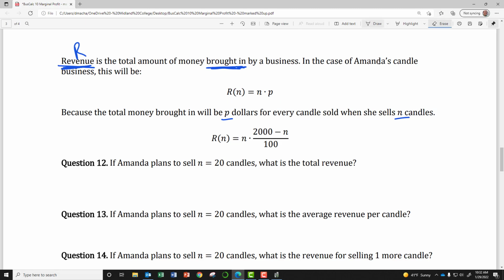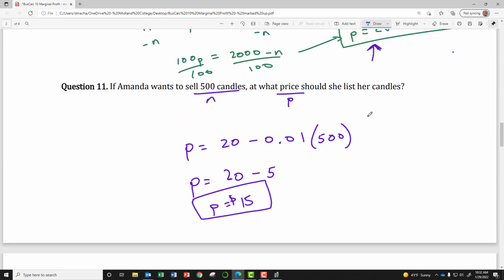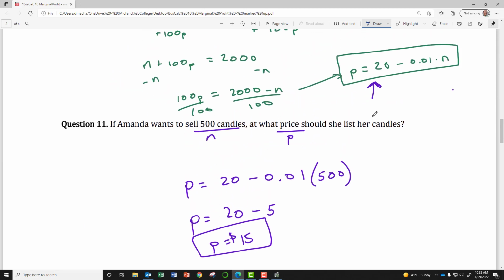And so we have an expression that tells us what the price of the candle should be if I want to sell N candles. You could simplify this by canceling the hundreds: P equals 2,000 minus N over 100, and you could just leave it like that.